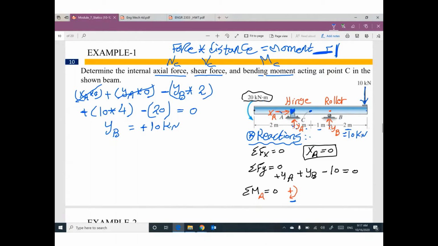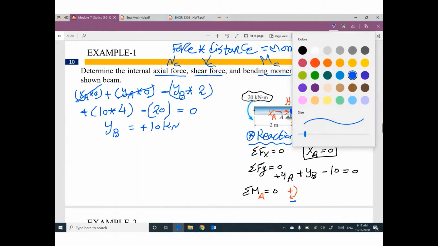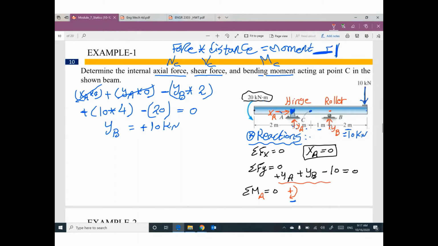Can you go back to the previous equation and put YB equal 10? Positive 10 minus 10 is 0. That means YA, how much? 0. Okay, what's the problem? Your reaction is 0. That's fine. XA is 0.